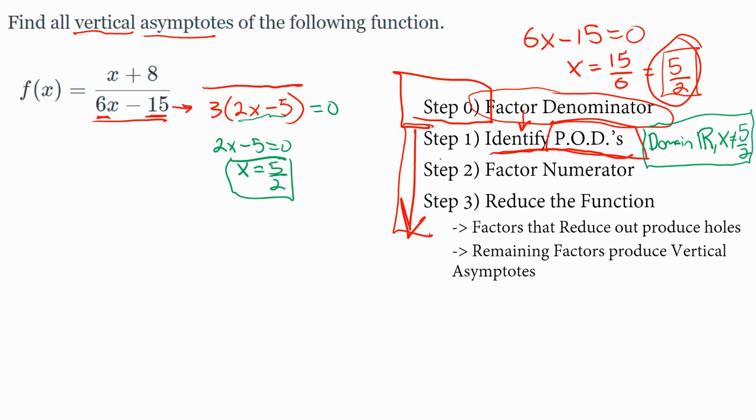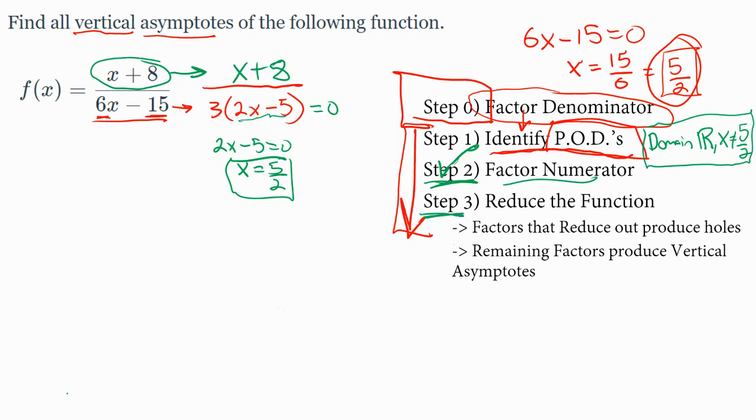Anyway, now we have to work this process of factoring the numerator and seeing if anything cancels. This particular numerator is linear with no common factors, so it's done. Factor the numerator if you can. So here we have x plus 8. Now our job is to work step 3.